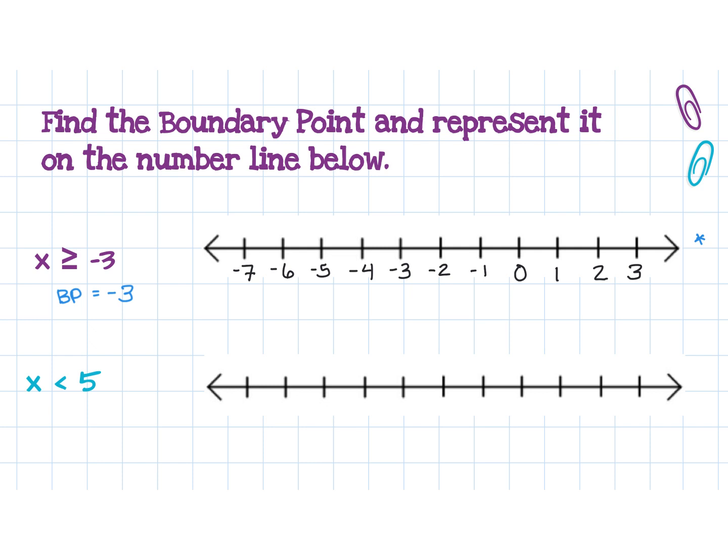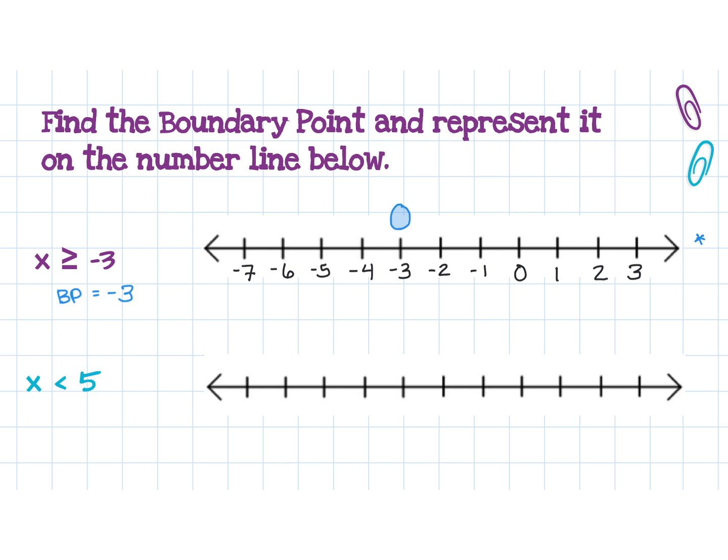So we're going to draw a circle over the boundary point, which we determined earlier is -3. We're going to fill that boundary point in because there is also equal to. We want that circle nice and filled in. Then we're going to draw our line.